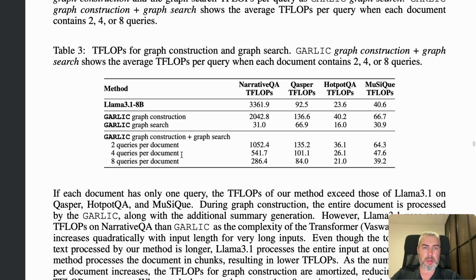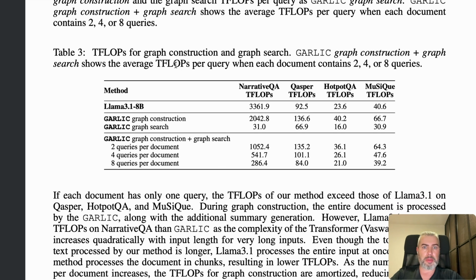They calculated how much TFLOPS they used to generate the graph and how much TFLOPS is used for each search. So in the long run, if you have a static set of documents that aren't updated regularly, there won't be much difference in operational costs.